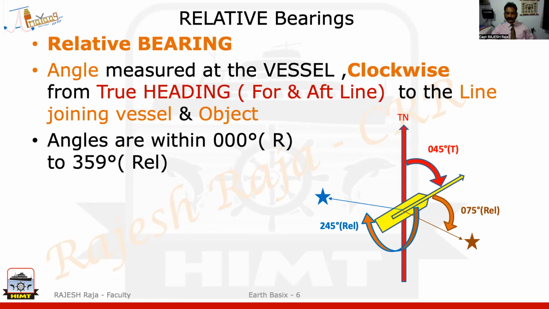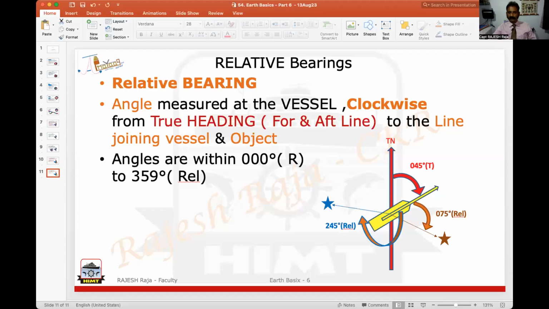Angles in relatives are always measured from 000 relative to 359 relative. Your 000 relative is your vessel's heading. So just keep that in mind, because relative bearings can be given to you in your chart work problem. It can be given to you in your radar plotting and all those problems also. So you should be able to use it.